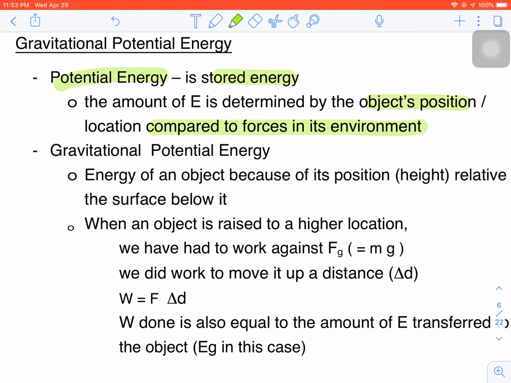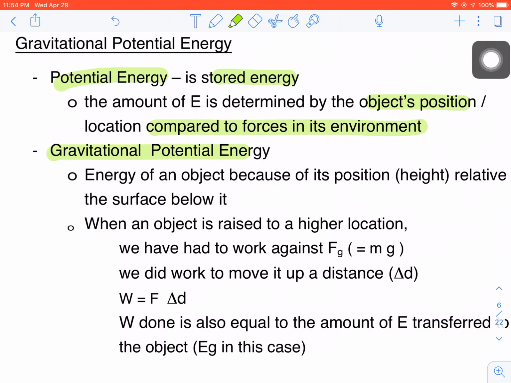So how high is that textbook above its reference point? The reference point would be the 0 point where all the gravitational potential energy is gone, which, for most cases, is the floor below the object. So gravitational potential energy is the energy stored in an object because of how high it is above the surface.